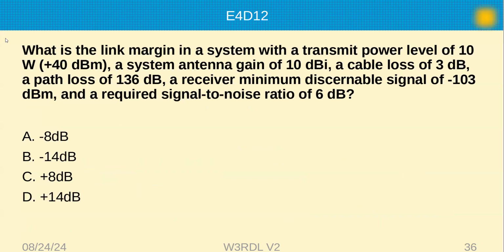So what is the link margin in a system with the transmit power level of 10 watts or 40 dBm, a system antenna gain of 10 dBi, a cable loss of 3 dB, a path loss of 136 dB, a receiver minimum discernible signal of minus 103 dBm, and a required signal to noise ratio of 6 dB?